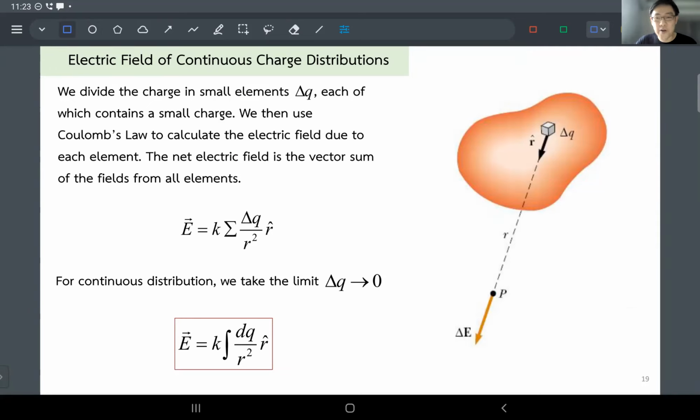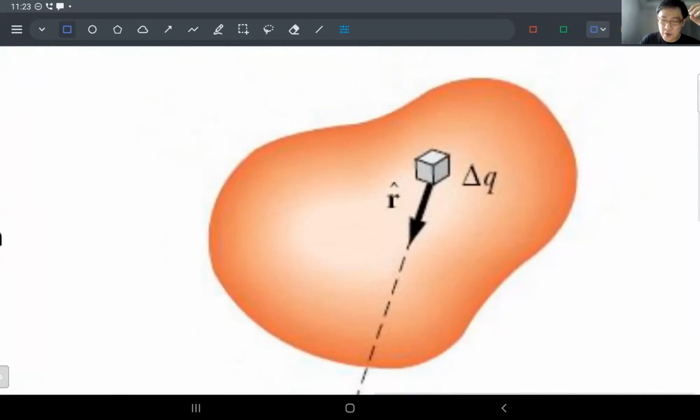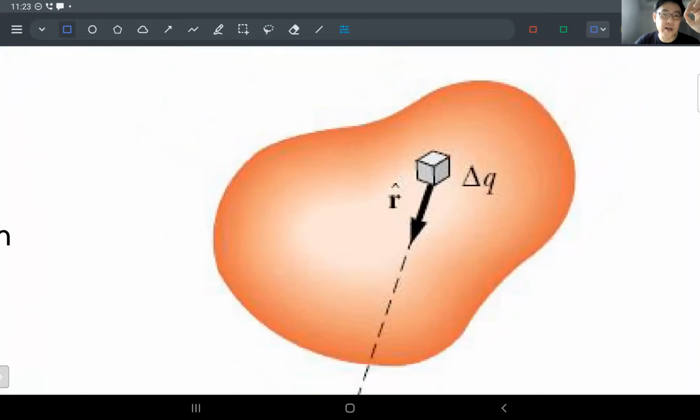All right, so I'm going to show you what happens if the charge that you are dealing with comes as a uniformly distributed charge, continuously distributed. When you say continuous, it's just like this. So you're not getting a piece of Q anymore, like Q1 here, Q2, Q3, and then calculating the electric field or electric force from each individual charge. Those charges, you can call them point charges. They come in a point, right? Discrete.